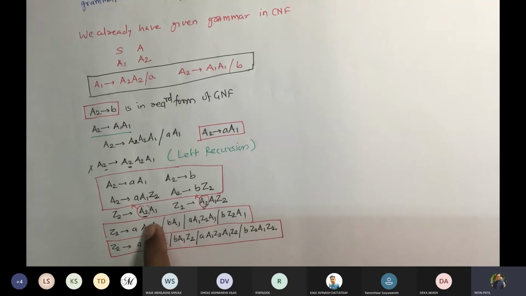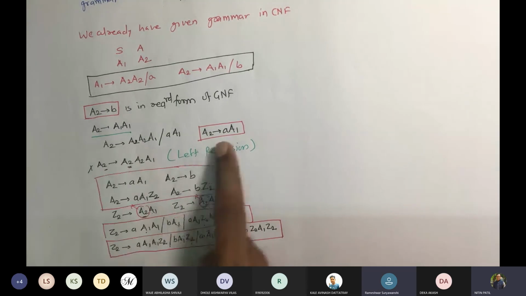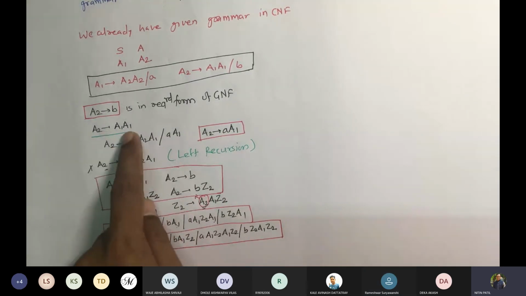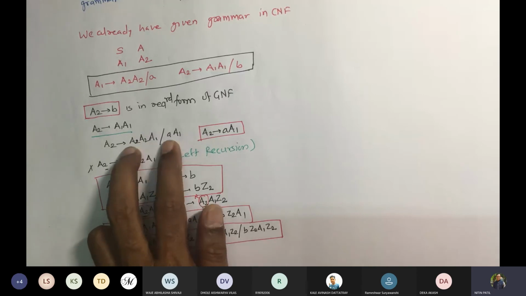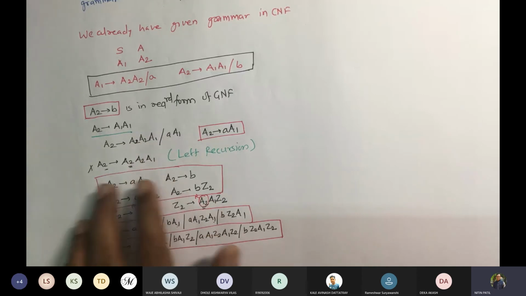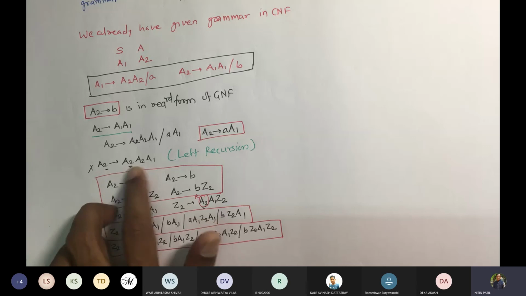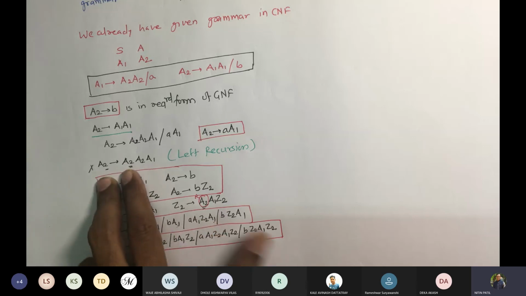Have you understood what I did here? We had A2 gives A1 A1. So we replaced this A1 value by two values, A2 A2 and A1. Correct? And we got this. And then we saw that A2 gives A2 A2 A1. That was left recursion.